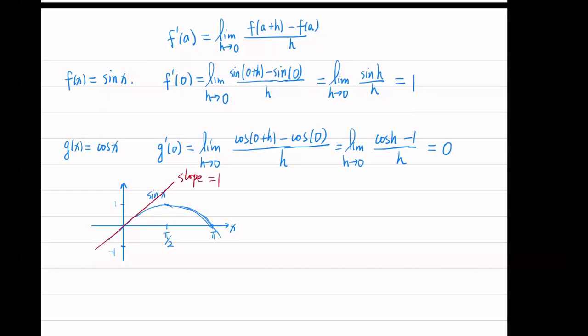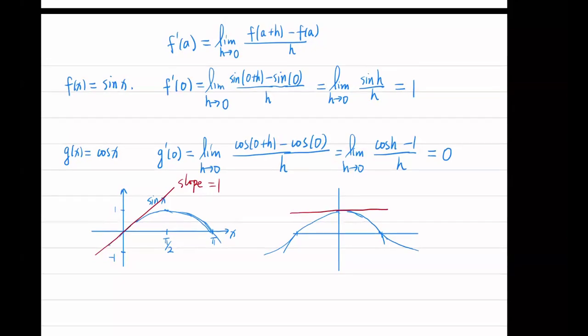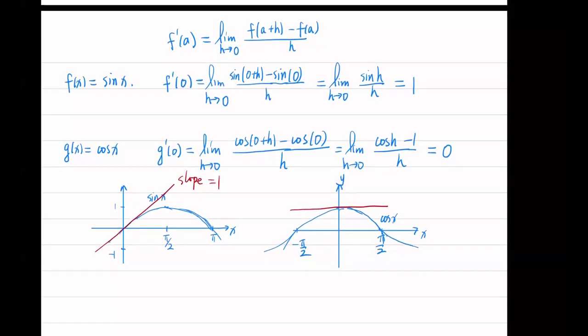Now let's do cosine. The second formula tells us the derivative of cosine over here is 0, so the slope is 0.